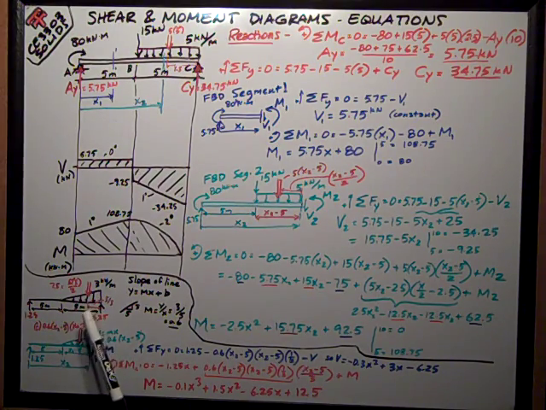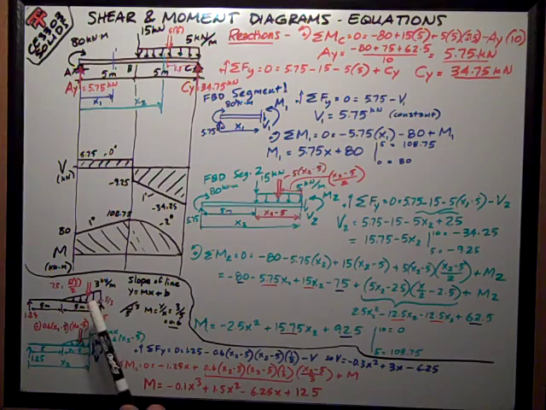Its centroid, where the equivalent resultant is applied, is 1/3 of the distance from the base, which is 5 meters. The base is 5, so 5/3 is the moment arm. I used all that to get these reactions.